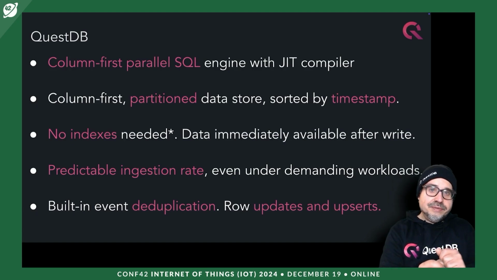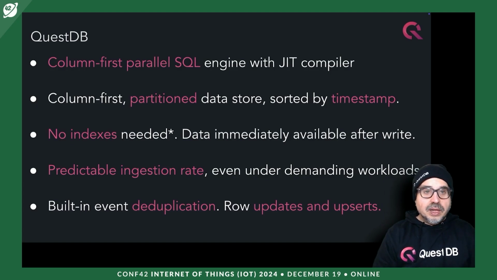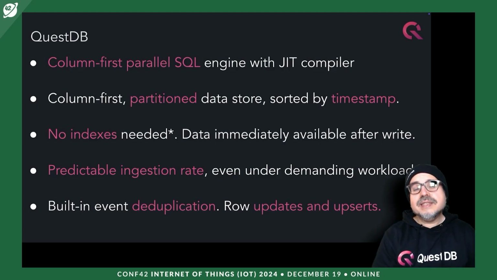So we have very low latency between ingestion and the data being able to be queried. So it's practically immediate. After you write the data, you can query the data already. We separate ingestion and reads. So even if your database is experiencing a heavy load on queries, you can still have a predictable ingestion rate.